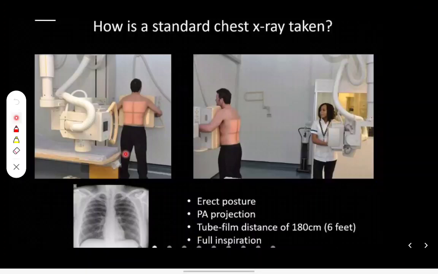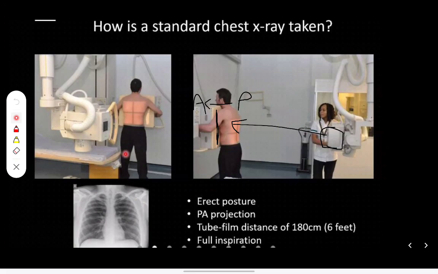That means the X-ray beam extends from the X-ray tube over here toward the patient's posterior side, toward its anterior side. When we say posterior anterior projection, it means that we are imaging the patient from his back to anterior, facing his chest with the film.